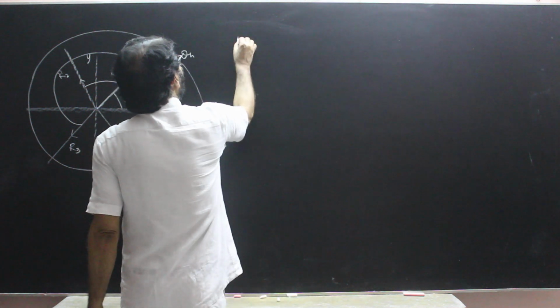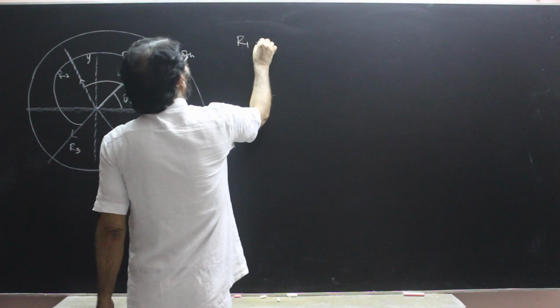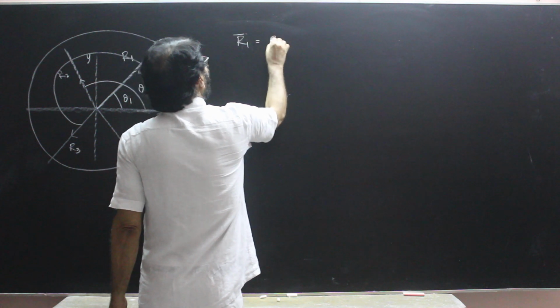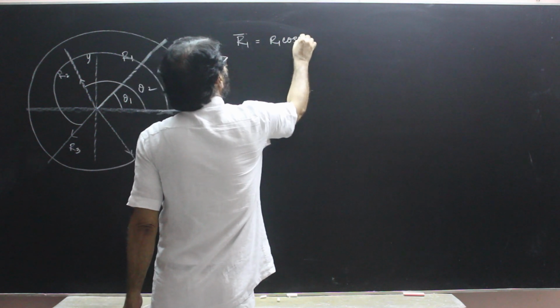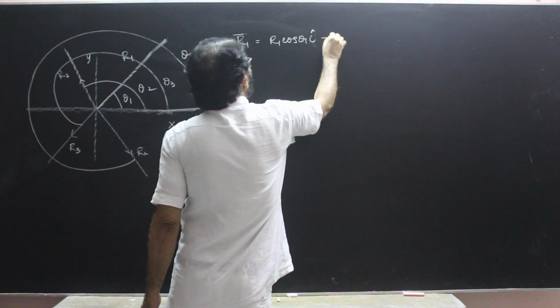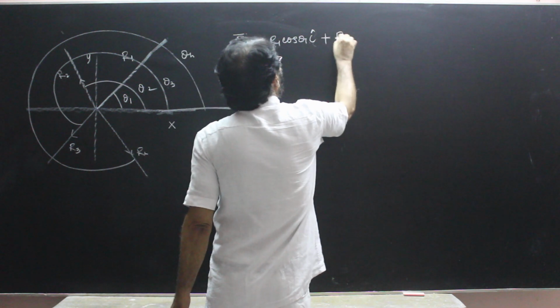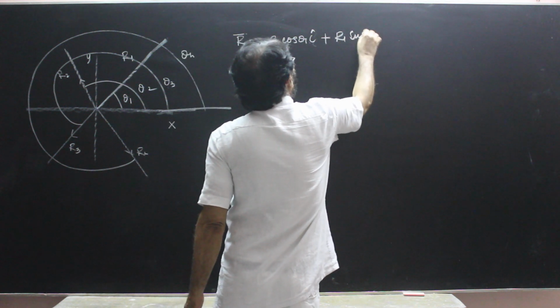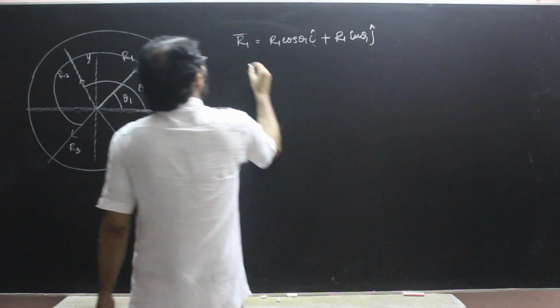For example, your vector r1 can be written as r1 cos theta 1 i plus r1 sin theta 1 j.